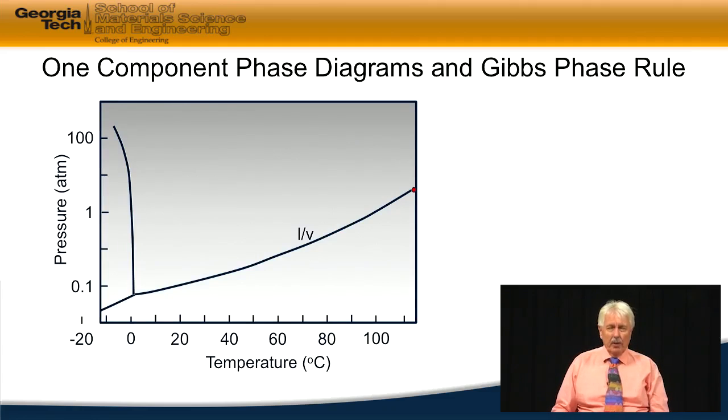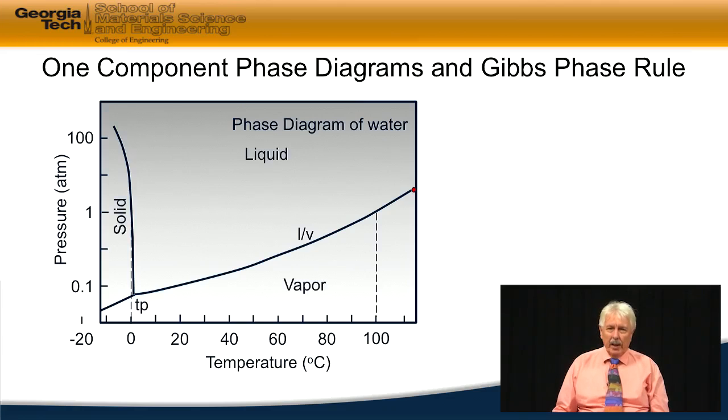Let's focus on the 2-phase region that's represented by the line describing the boundary between the liquid phase and the vapor phase. When we look at the liquid vapor line, we can describe, for example, 2 different points.